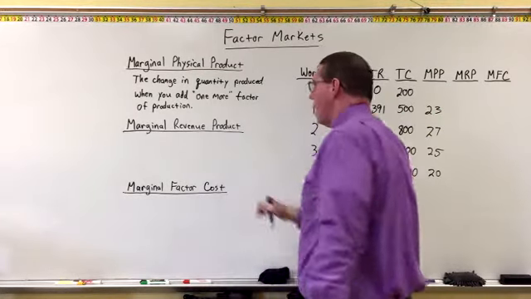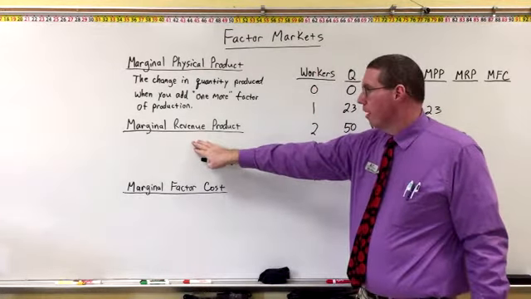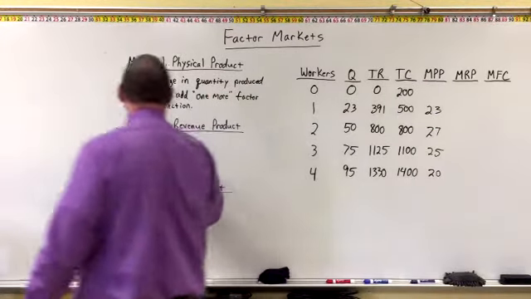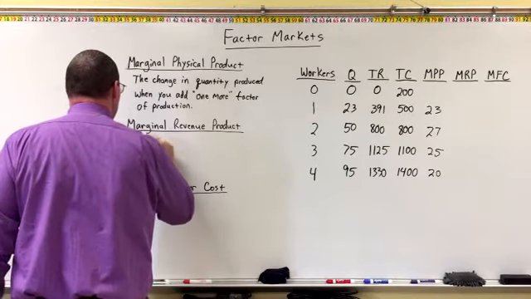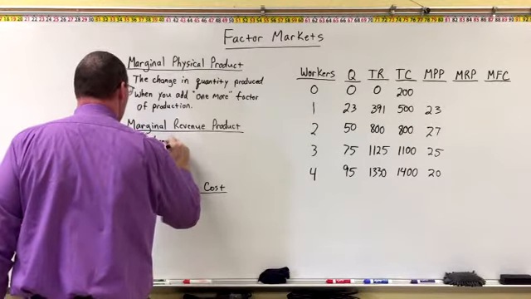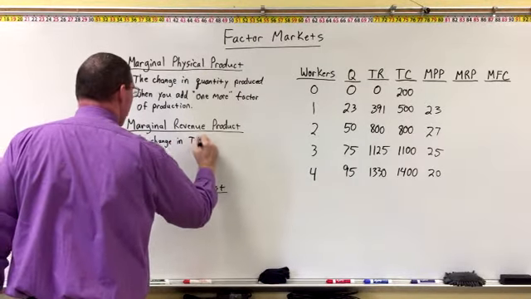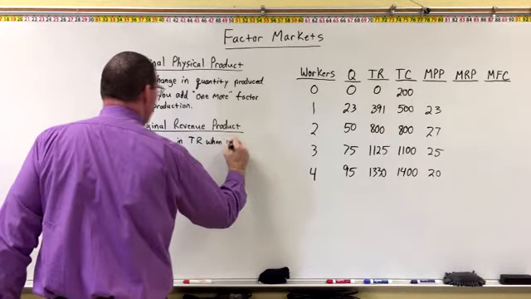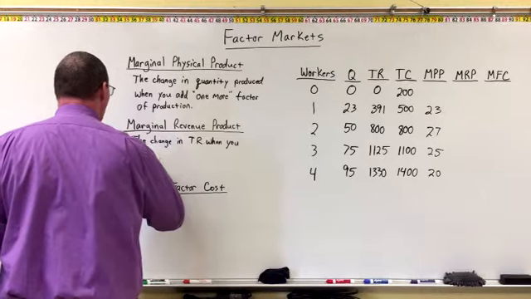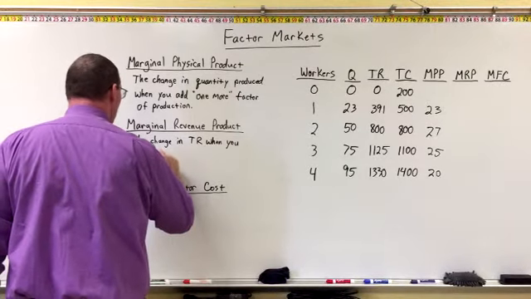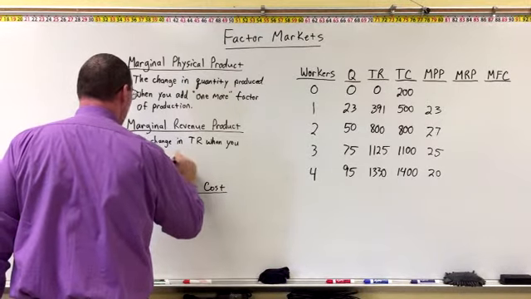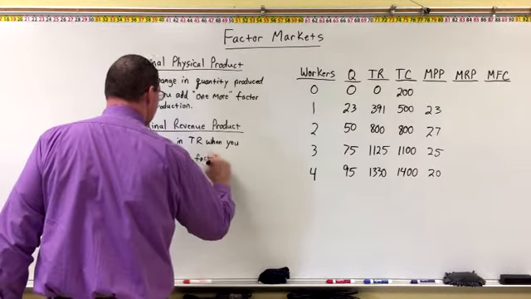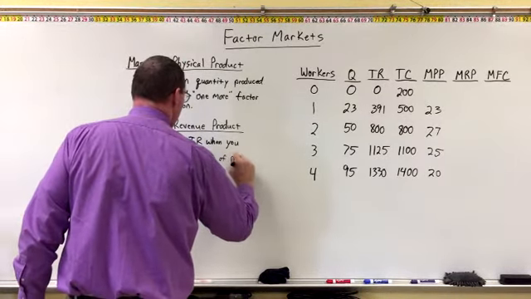All right, now let's talk about the marginal revenue product. It's the same exact concept. It is the change in total revenue when you add or employ one more factor of production.